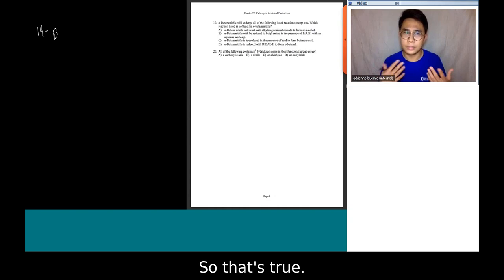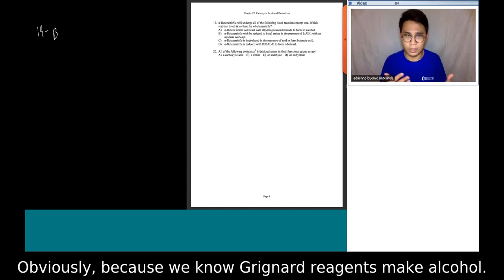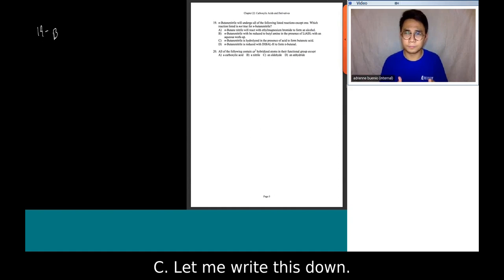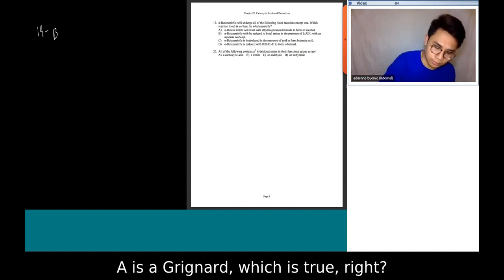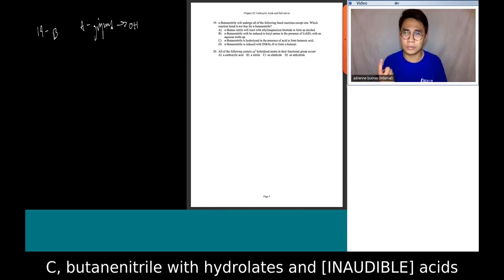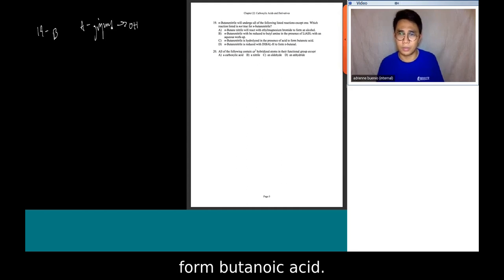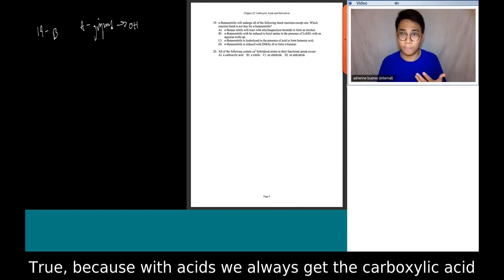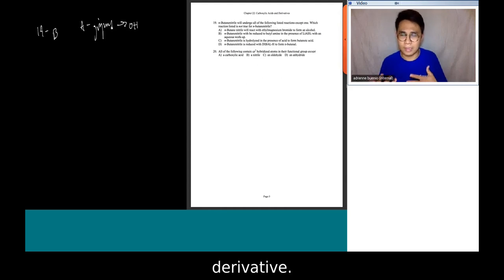So that's true, because we know Grignard reagents make alcohol. A is the Grignard, which is true, to make alcohol. C, butanenitrile is hydrolyzed in the presence of acid to form butanoic acid. True, because with acids, we always get the carboxylic acid derivative, right?